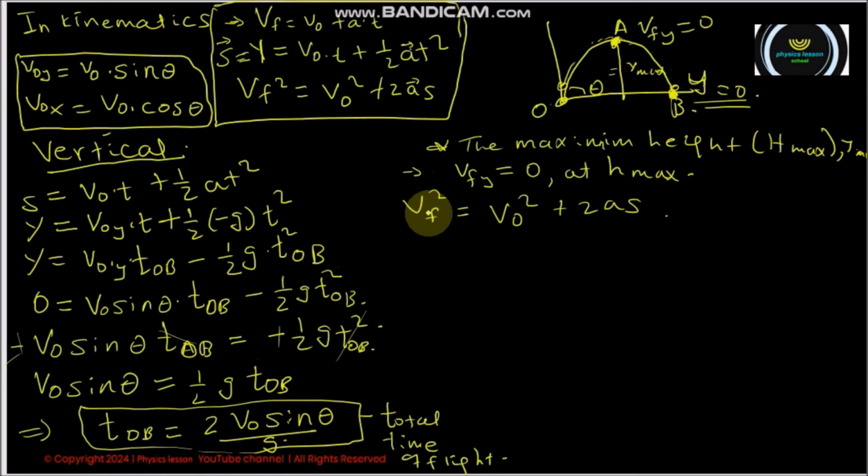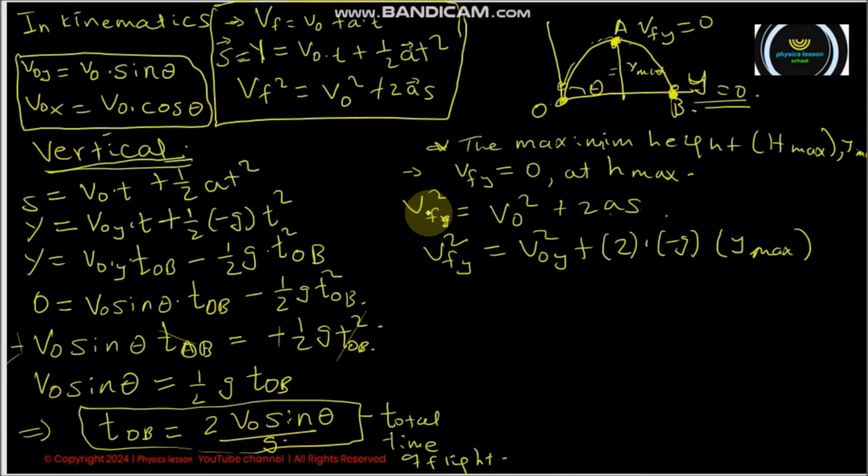V final is substituted by v final across the y, square, is equal to v naught square across the y plus 2 times acceleration, substituted by minus g, and s across the y. That means y maximum, because we are on the vertical projection.